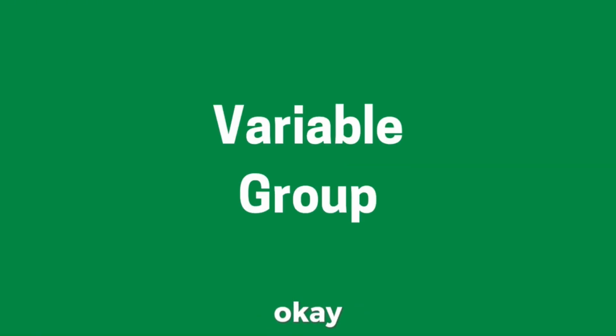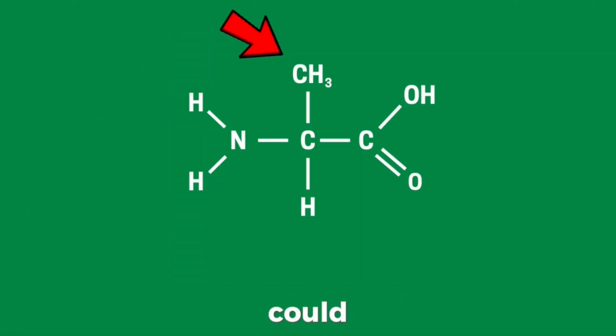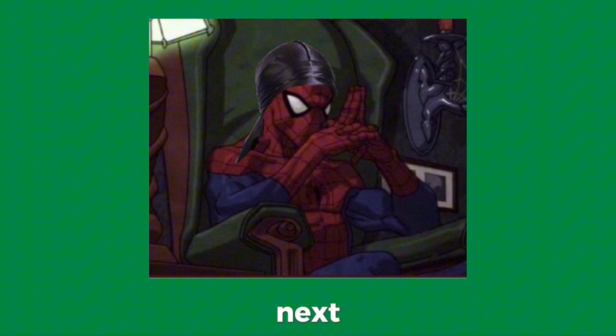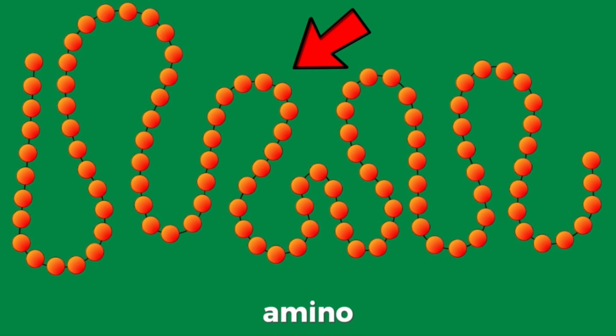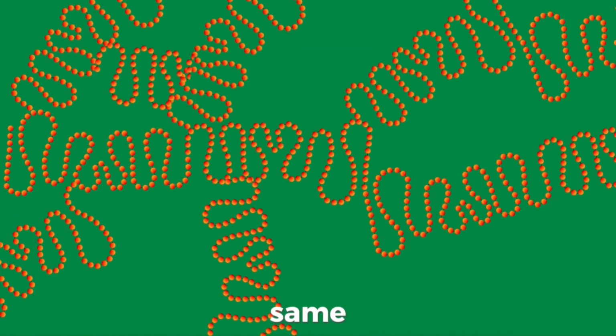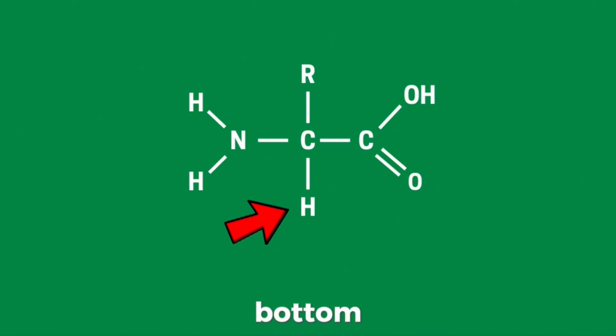R is simply the variable group, okay? Meaning, it can be anything really. Anything can really be in R. It could be a methyl group, it could be a hydrogen, it could be a sulfur, whatever, okay? And that leads us on to this next point, which is that all three of these groups always stay the same across all amino acids. Every amino acid has the same amine group, carboxylic group, and hydrogen on the bottom.